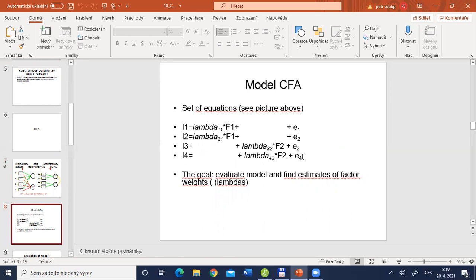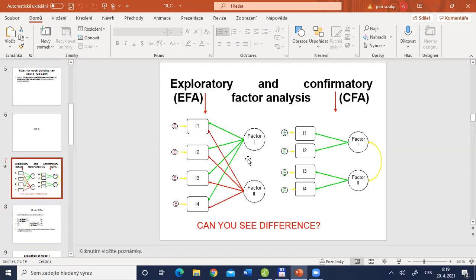The main goal of confirmatory factor analysis is to evaluate the model. So it is slightly different from exploratory factor analysis. For exploratory factor analysis, we try to find these factor loadings, and we try to discover whether there is 1 dimension, 2 dimensions, 3 dimensions, etc. For confirmatory factor analysis, first of all, I have a strong idea about the pattern of my data, and I would like to evaluate this pattern.